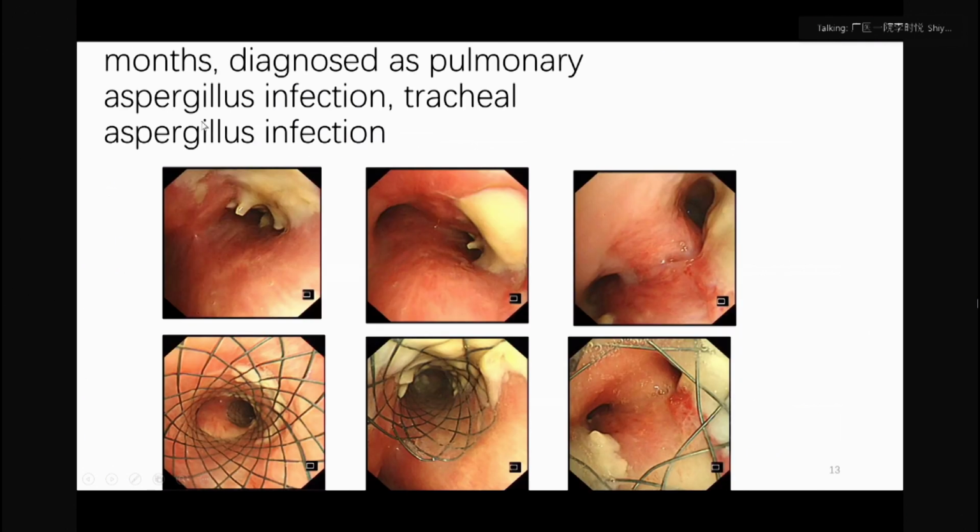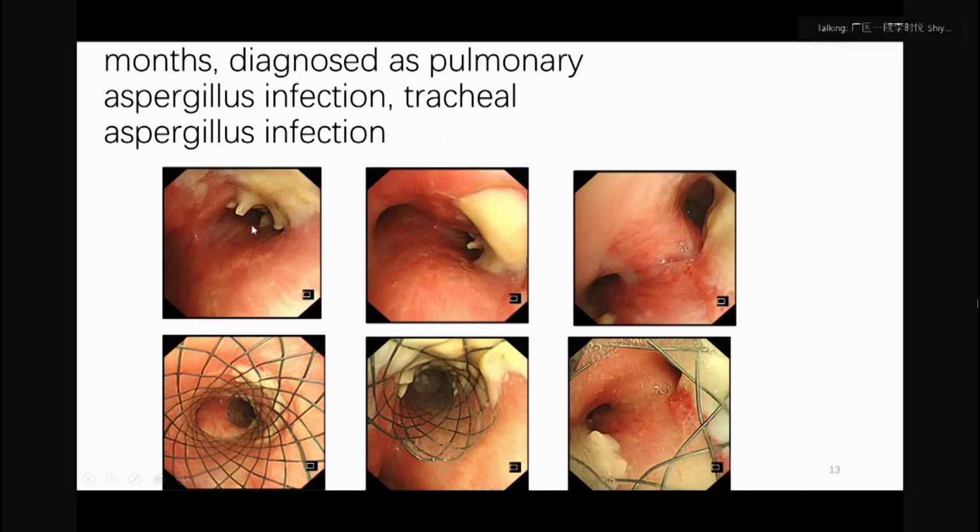And there's another case. Let me see, it's diagnosed as a pulmonary obstructive infection and also a tracheal obstructive infection.